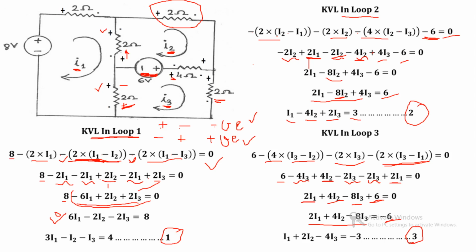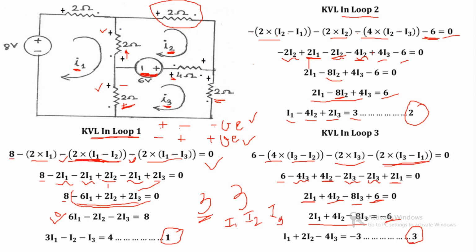Now we have already written the KVL equation in each and every loop. So now we have to find the solution for these 3 equations, because we have 3 equations and 3 unknowns. The 3 unknowns are I1, I2 and I3.